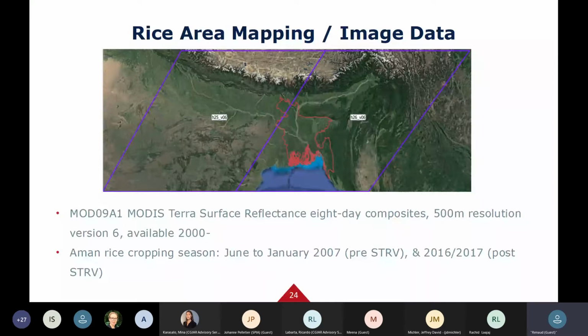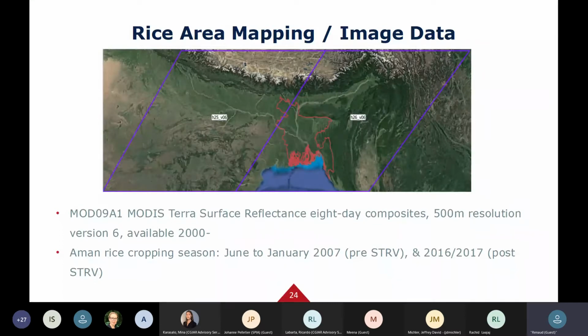And then finally, these data are available for more than 2 decades, allowing us to go back historically, back in time. So we selected 3 years on the project to have a closer look.